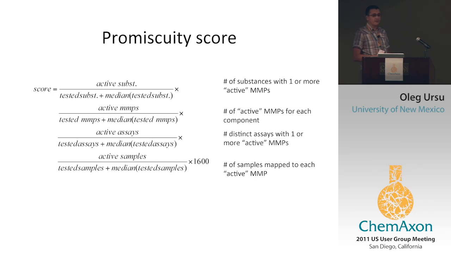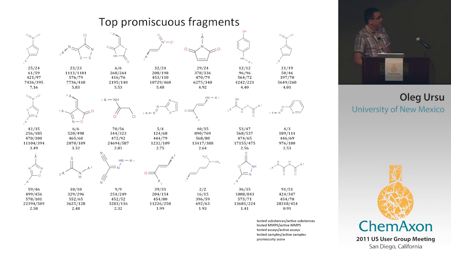A sample is the number of times the same MMP was tested in different assays. And then I multiply by this factor to normalize it to 100, so the maximum value of this score is 100. And this is a ranking from most promiscuous to the less promiscuous.